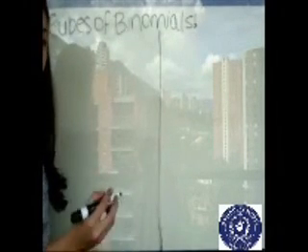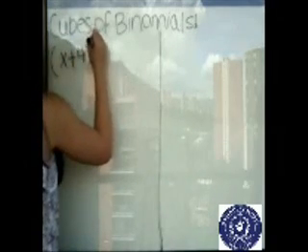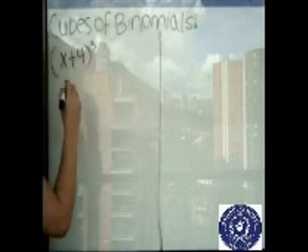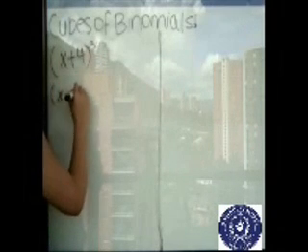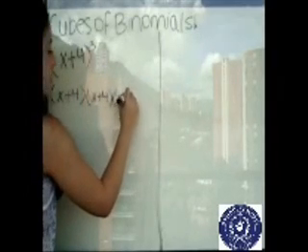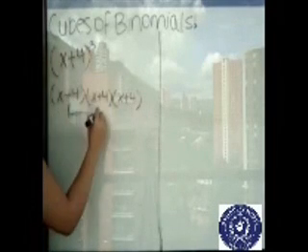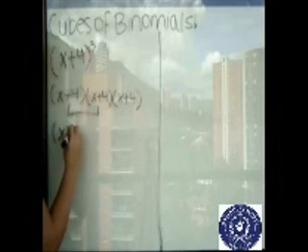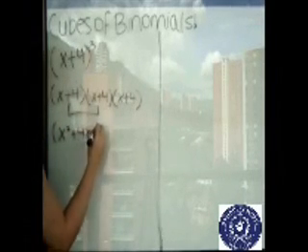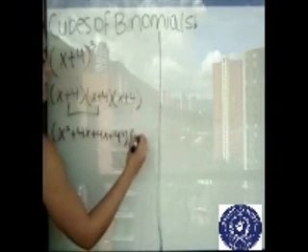Okay, now we are going to do an example of adding with cubes. X plus 4 cubed. This is the same as x plus 4 times x plus 4 times x plus 4. So in here we are going to join these 2, and that will give us x squared plus 4x plus 4x plus 4 squared, times x plus 4.